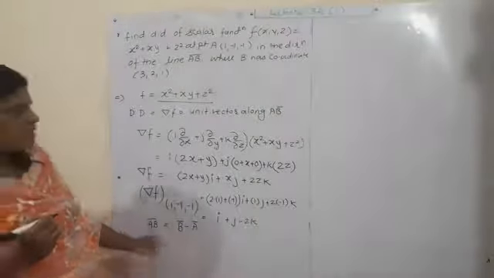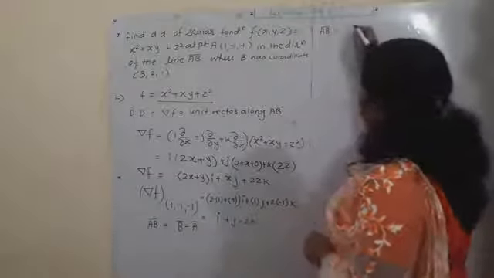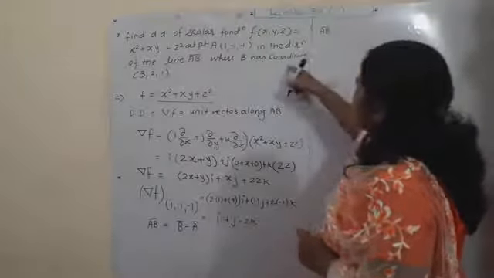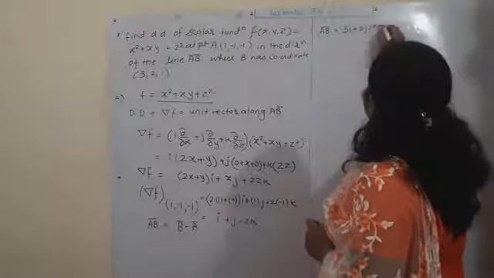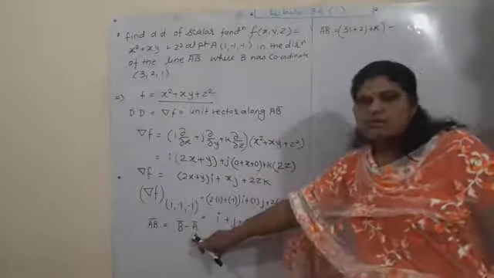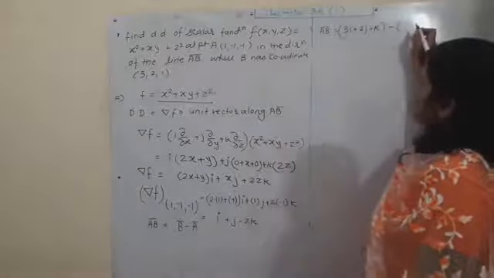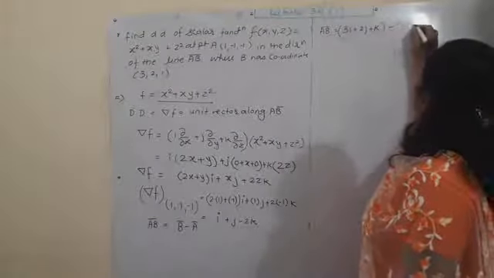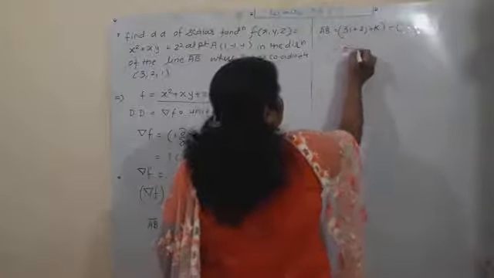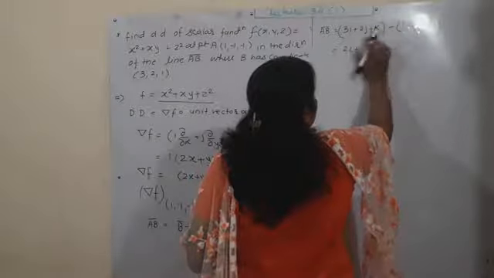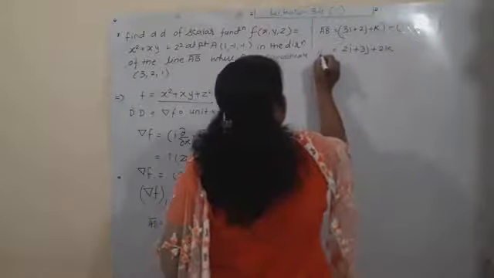The coordinates of A and B are given. B bar is (3, 2, 1), that is 3i plus 2j plus k, which we define in vector form, minus A bar, whose coordinates are (1, -1, -1), that is i minus j minus k. So 3i minus i becomes 2i, then 2j plus j becomes 3j, and k plus k becomes 2k. In this way we get AB bar.